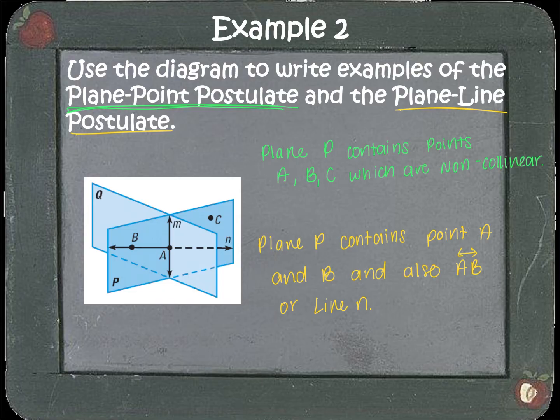So plane P contains both point A and point B, which is on a line. Here's my plane, here's my line. It contains 2 points, which are on line N. So 2 collinear points, which is on line M.